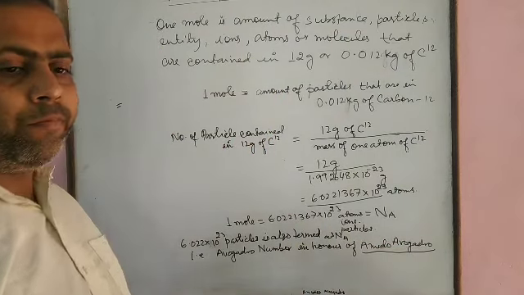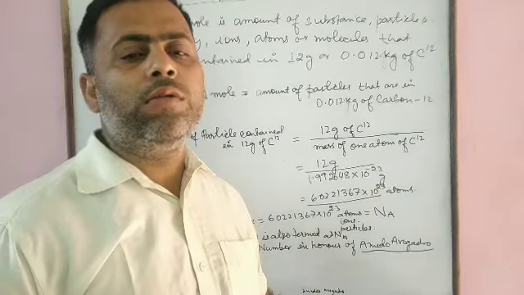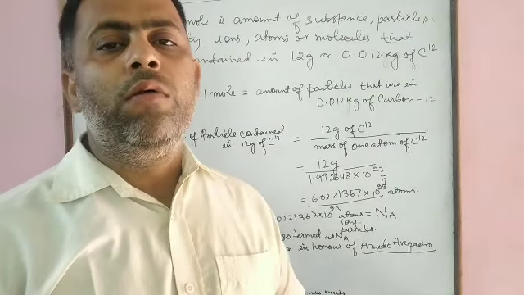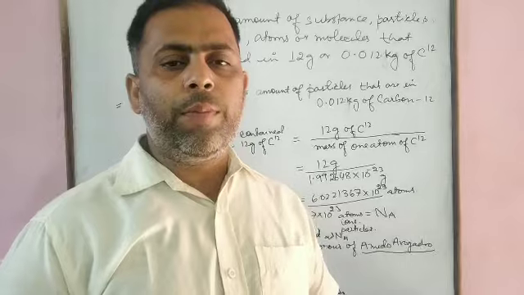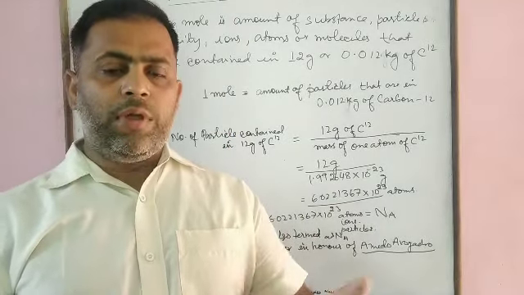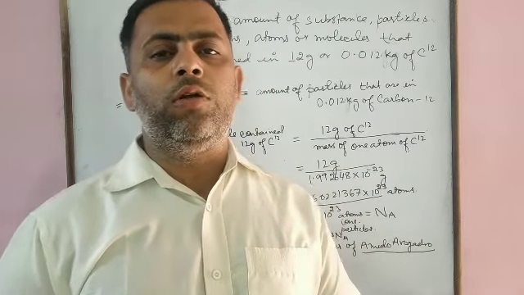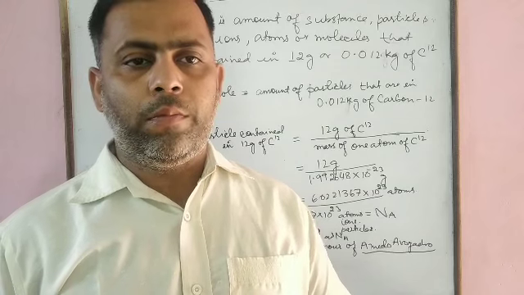We know 1 dozen equals 12 particles, 1 score is equal to 20 particles. To the next one, we have 1 mole is equal to 6.022 into 10 to the power 23 particles.